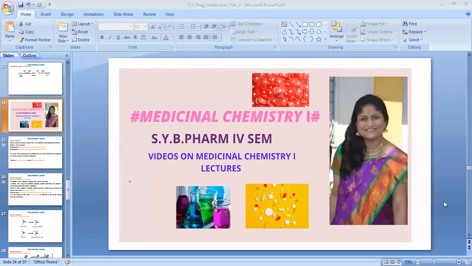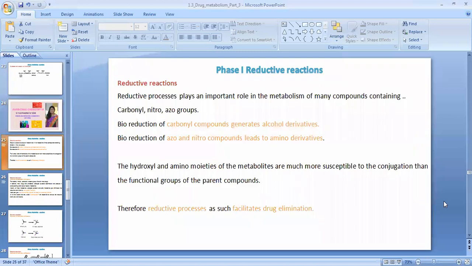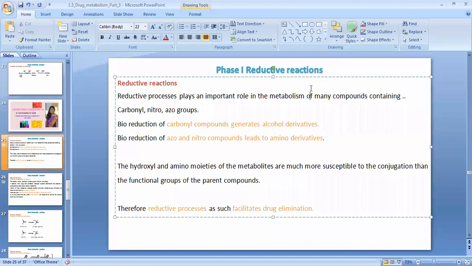Now we are going to see the second type of phase 1 reaction, that is reductive reactions. Up till now we have seen the first and main important part of phase 1 reaction, that is oxidative conversions.